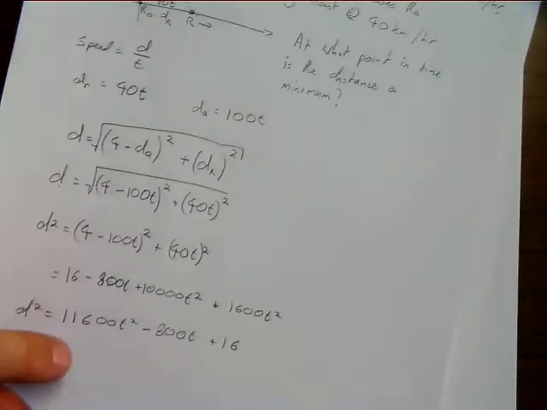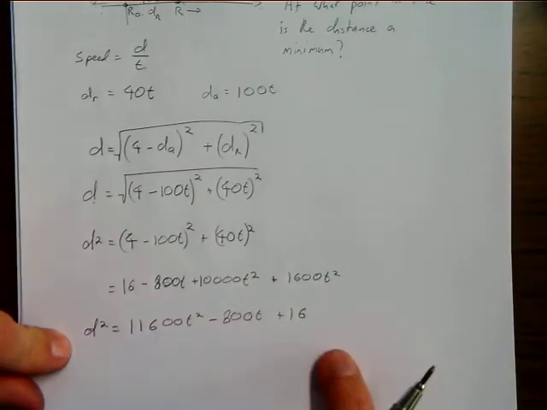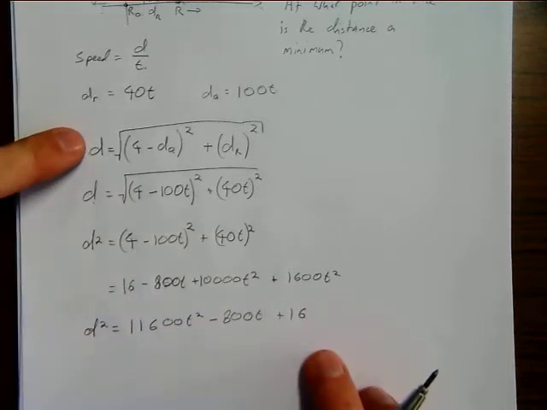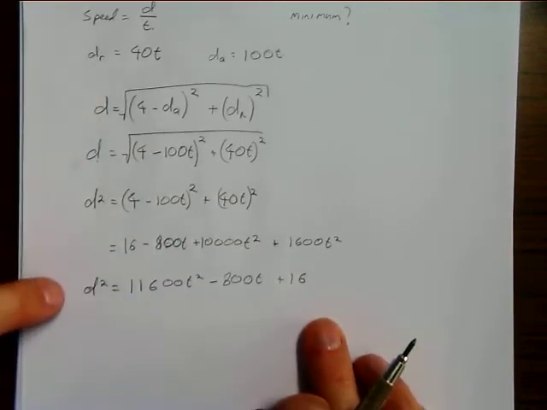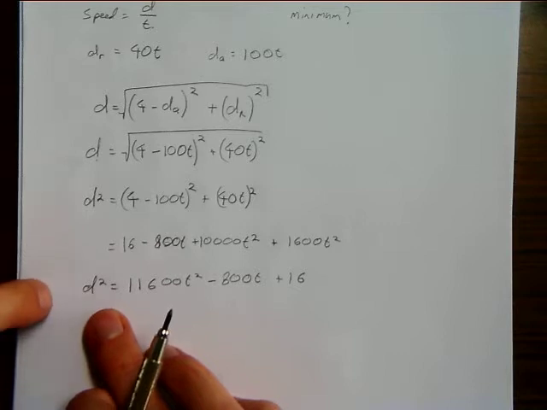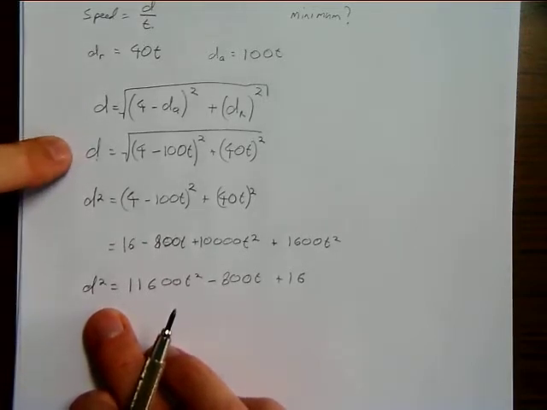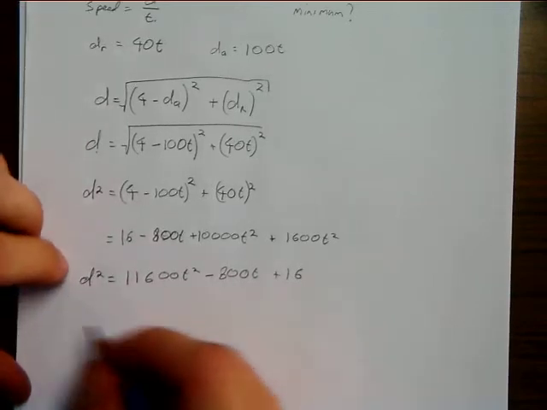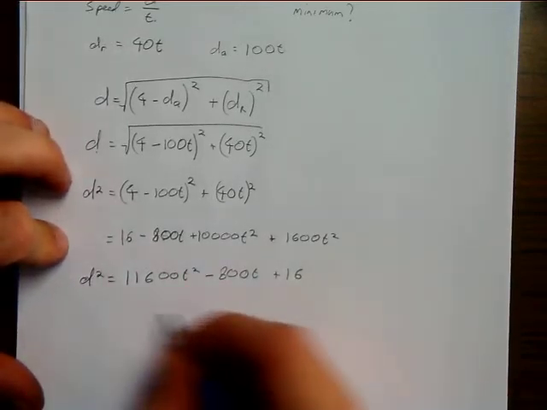Okay? So in other words, this is my d squared function. The same t that minimizes d is also going to minimize d squared. Does that make sense? I'm seeing some nodding. So if I find the t that minimizes d squared, that's going to be the same t that minimizes d. So to minimize it, we want to derive it.